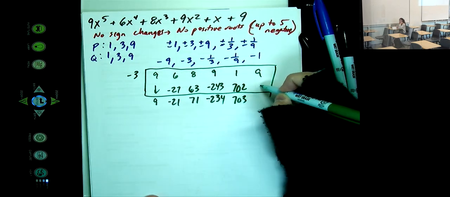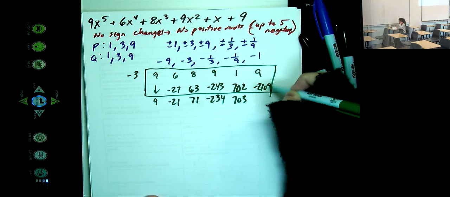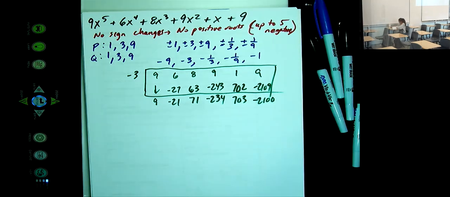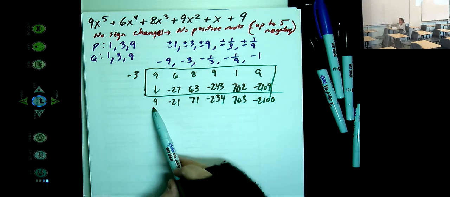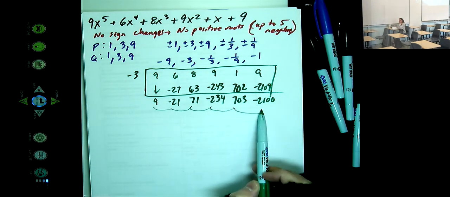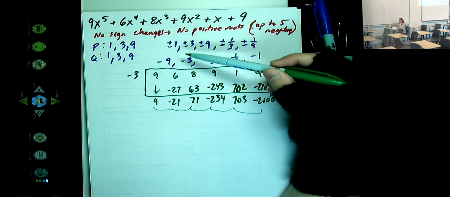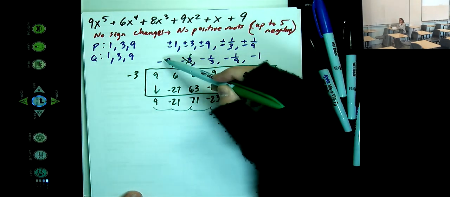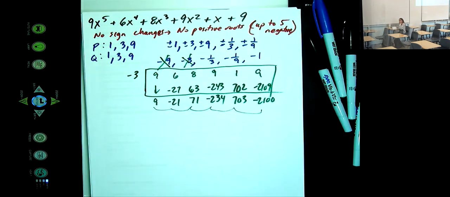This is -2109 or -2100. Finishing it did do something. The signs are alternating. That was the criteria when c is negative: if the signs alternate, there's nothing more negative that is a root either. So knocking off -3 actually knocked off -9 as well.